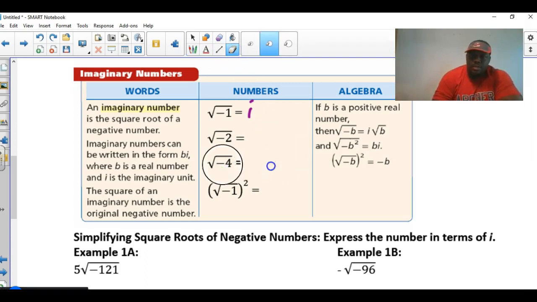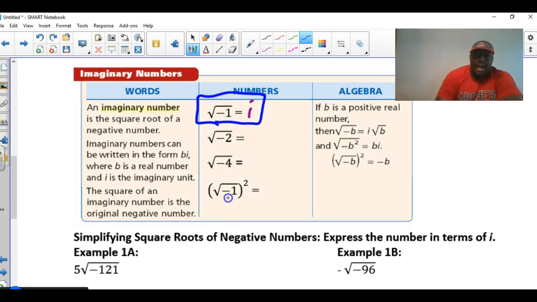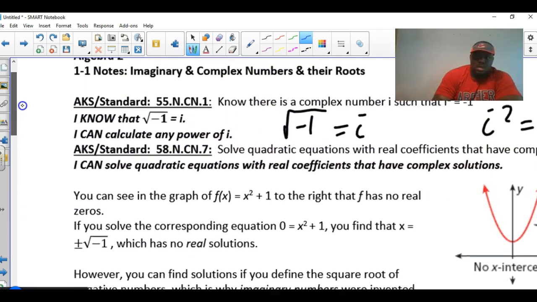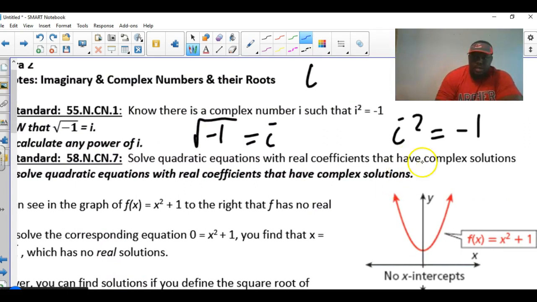And finally, this last example right here, we have the square root of -1. All right, well, we know that the square root of -1, remember we talked about it right here, the square root of -1 is i. So we actually have i squared, okay? And i squared, guys, we talked about it up here, at the very beginning of the notes, we said that i squared is equal to -1.